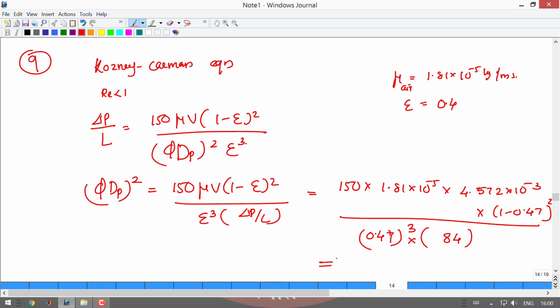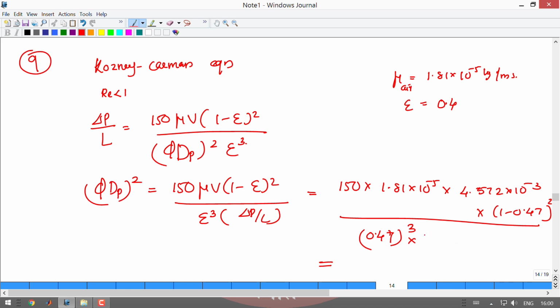Finally, after doing the calculation you will get 1.89... no, 84 is in FPS unit, sorry. So, here we are taking SI unit.